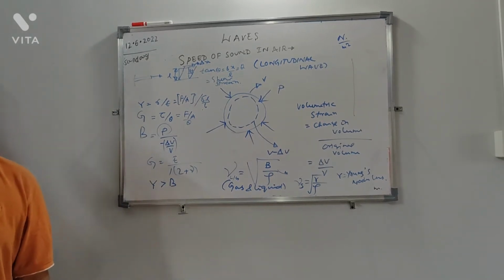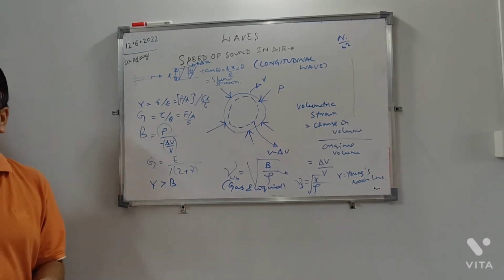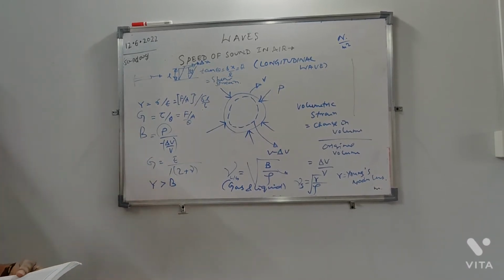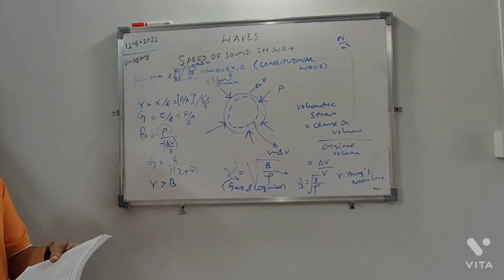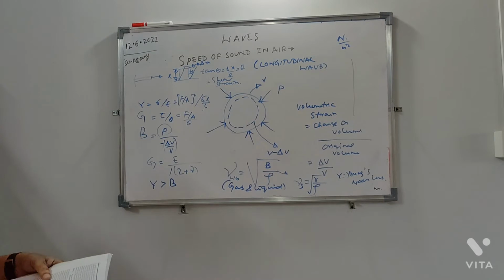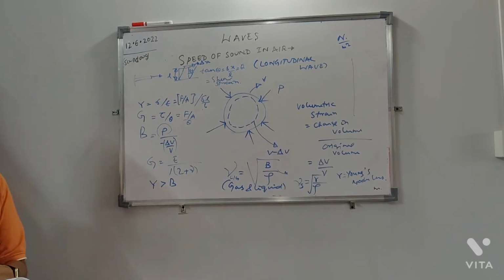That's why you can say the velocity of sound in liquid and gas is less than that of solid, and Young's modulus is higher than bulk modulus. So that is the catch.